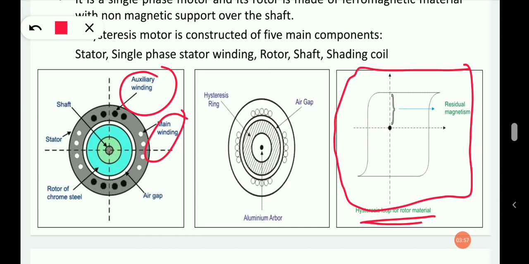Rotor does not carry any winding or teeth. The magnetic cylindrical portion of the rotor is assembled over shaft through arbor of non-magnetic material like brass. Okay, here you can see the aluminum arbor is written.